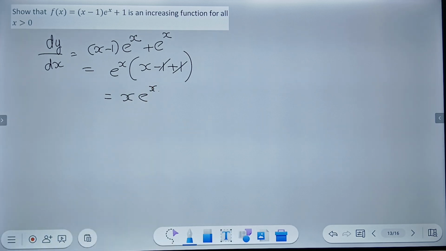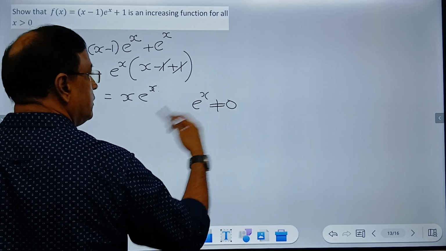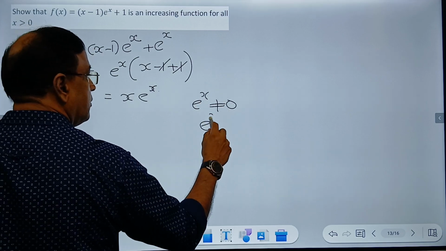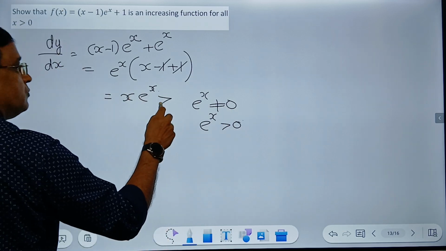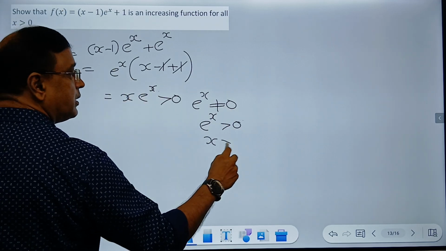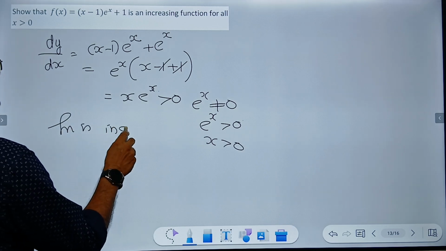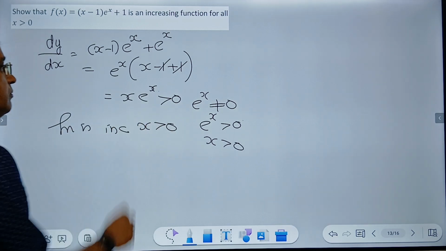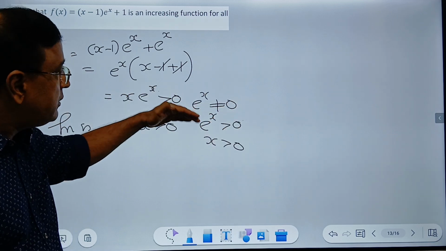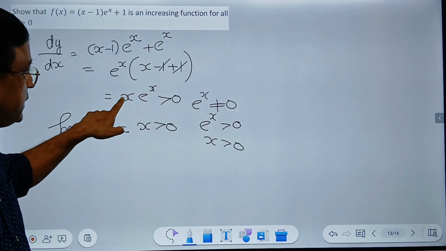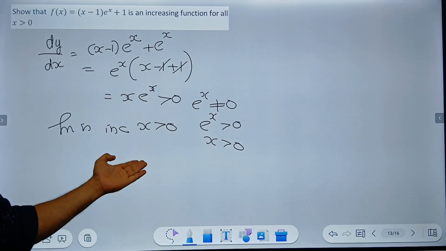Now, e power x will never be 0 and it is always positive, correct? So x is greater than 0. So this is obviously greater than 0, correct? Therefore, the function is increasing when x is greater than 0. Again, I am repeating, e power x cannot be 0 and e power x is always greater than 0. X is greater than 0. So x into e power x is greater than 0. Therefore, the function is increasing.